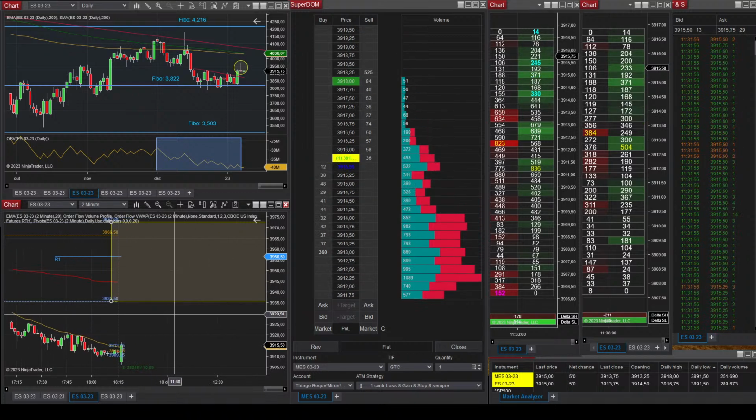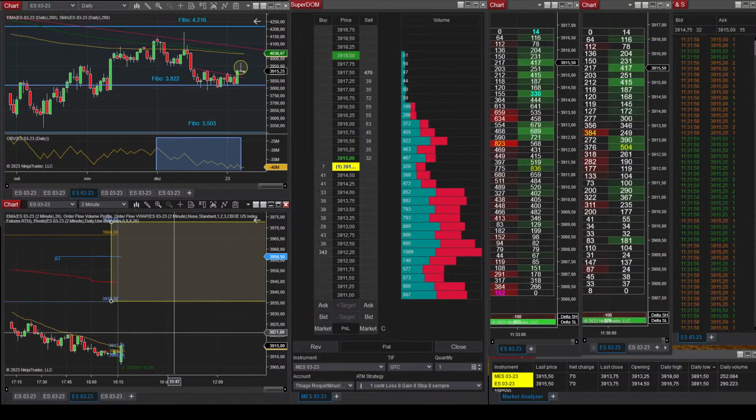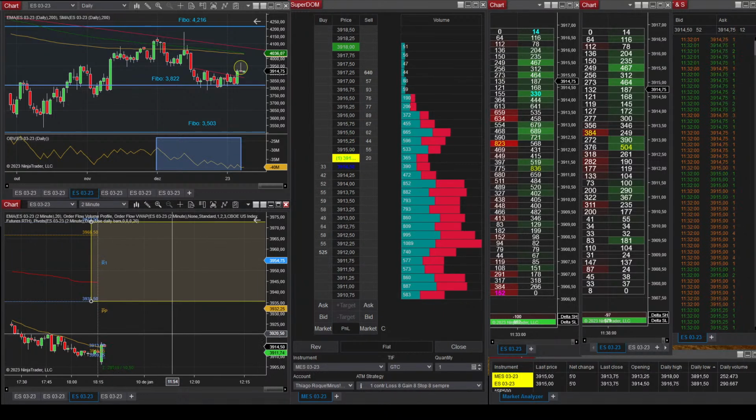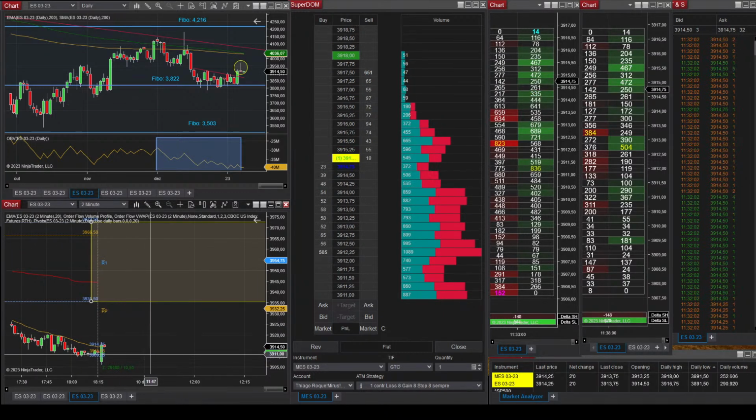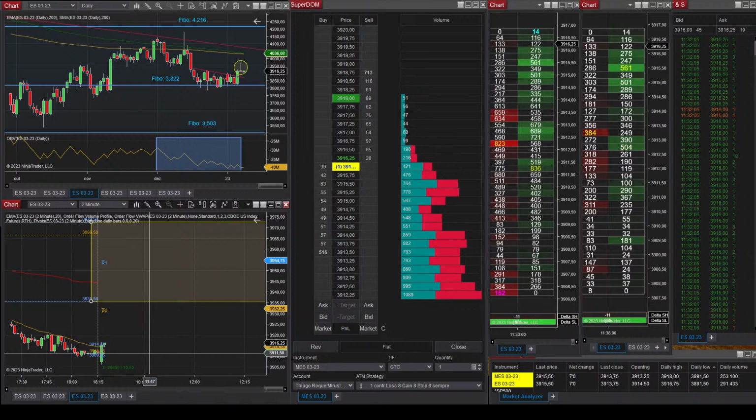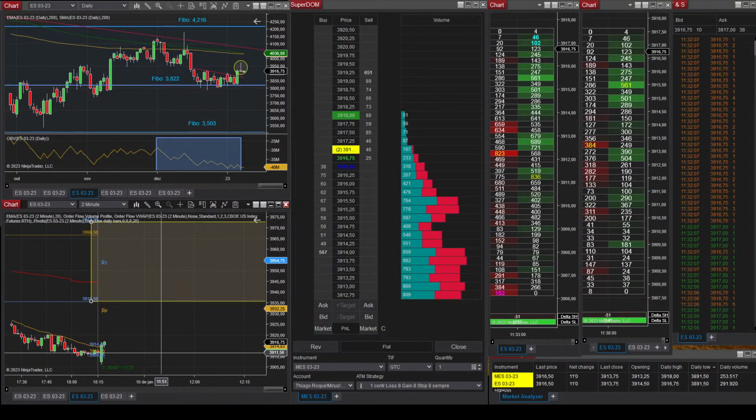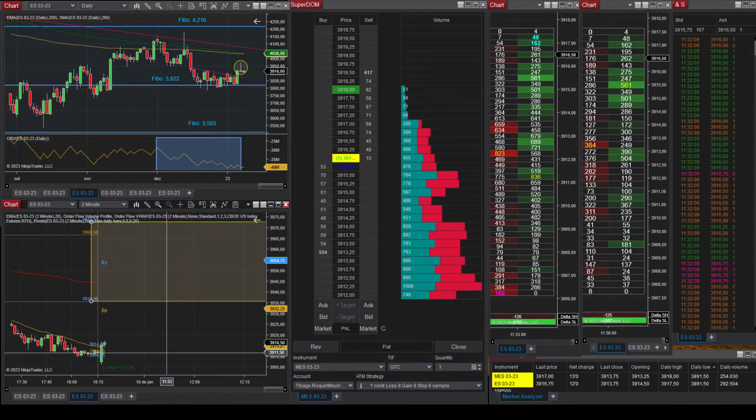Here down left, I have my 2-minute chart that I usually like to use to see the short-term trend.